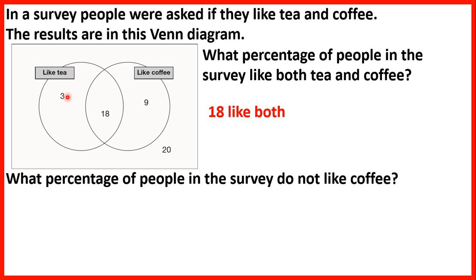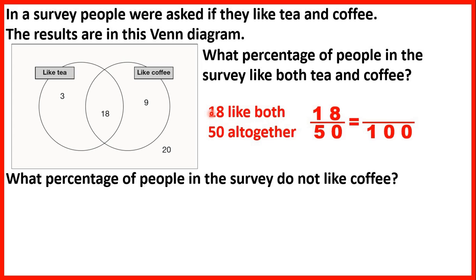But we need to think, how many people do we have altogether? Because a percentage is always out of 100. We have 3 plus 8, so 21, plus 9 is 30, plus 20 is 50.